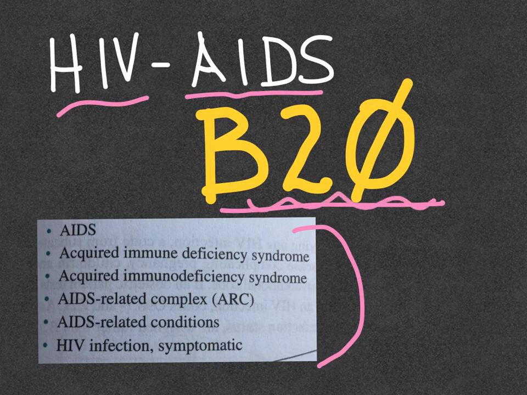Please remember that when a patient is admitted for an HIV infection or any complications related to that particular diagnosis, related to the HIV or AIDS, code B20 will always be sequenced first. That's if we're talking about the actual condition or anything related to that condition.